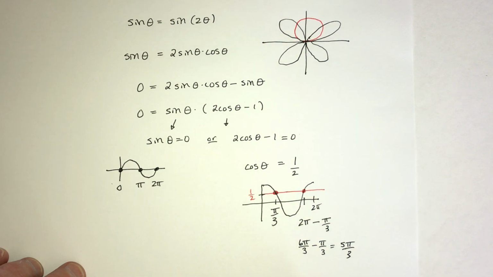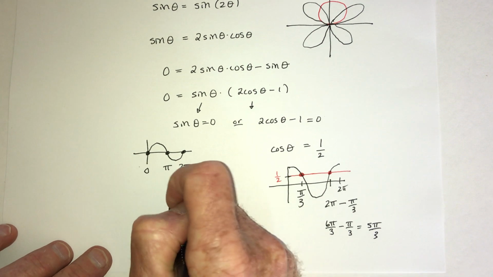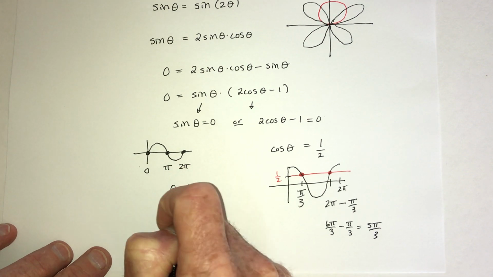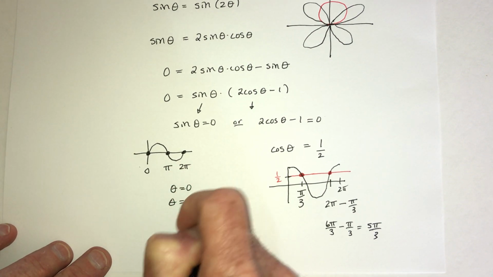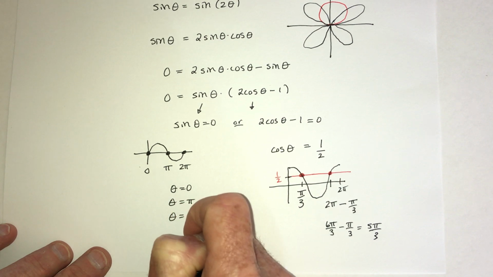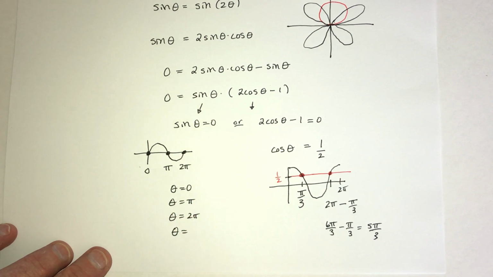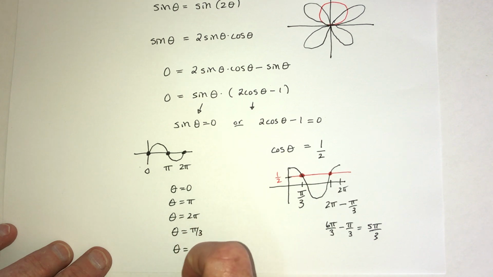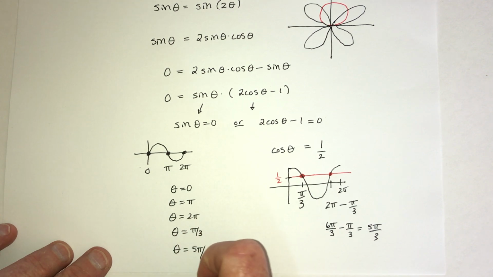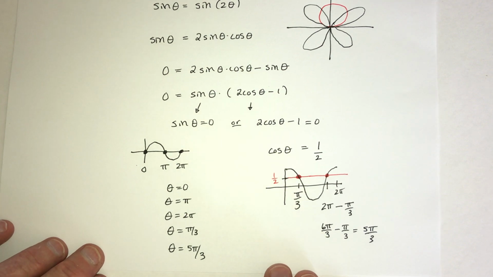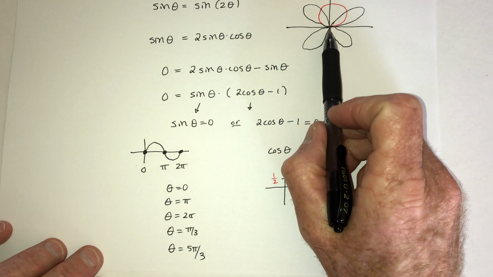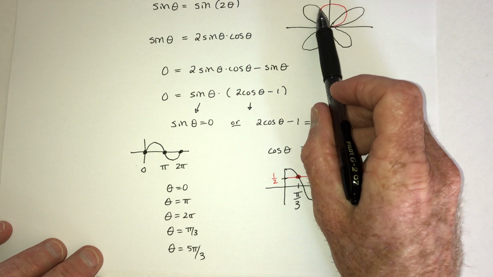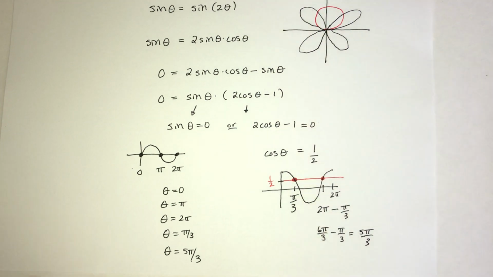So I actually got theta equals 0, theta equals pi, theta equals 2 pi, theta equals pi over 3, theta equals 5 pi over 3. And yet, by looking at the graph, it looks like there's only 1, 2, 3 places where they intersect.